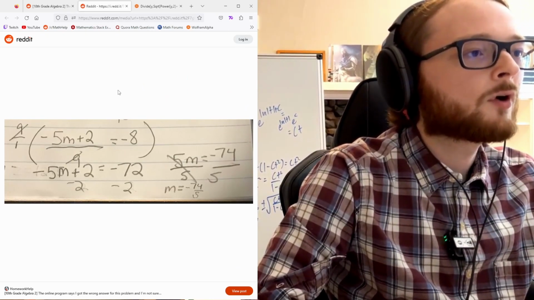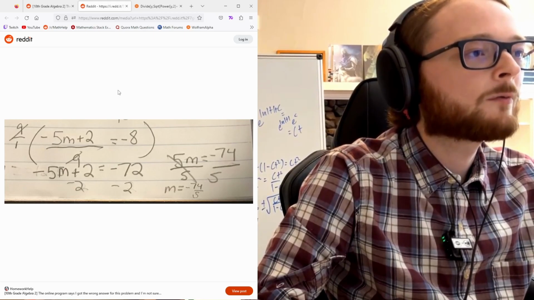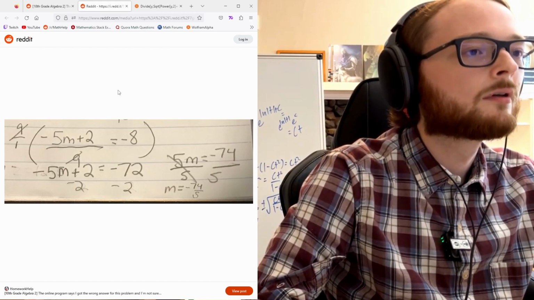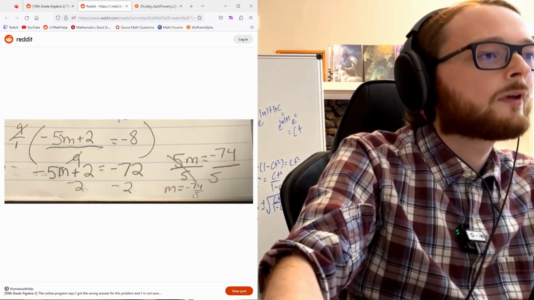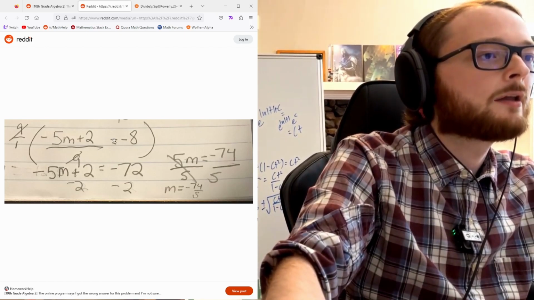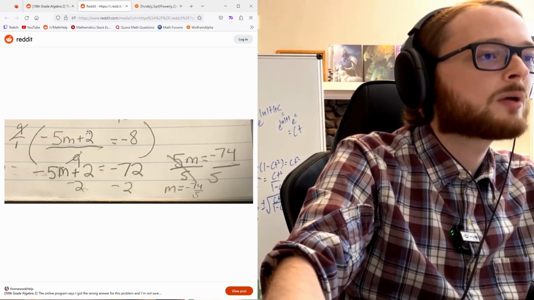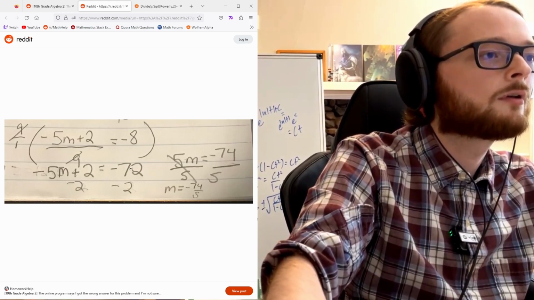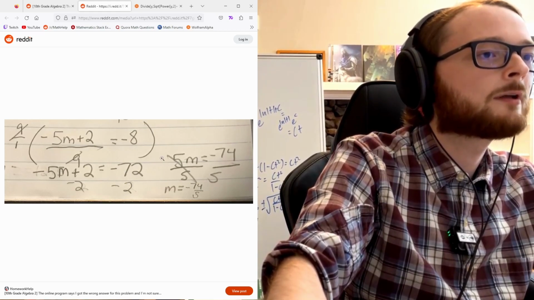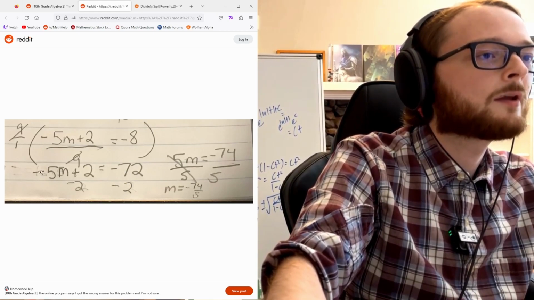Okay, so I don't get the full context of the problem here, but let's see if we can spot any errors. So they have negative 5m plus 2 over 9 equals negative 8. They start by multiplying each side by 9, and they get negative 72 over here, which is good. They subtract 2 from each side to get negative 74. They divide by... They forget the negative sign on the 5.